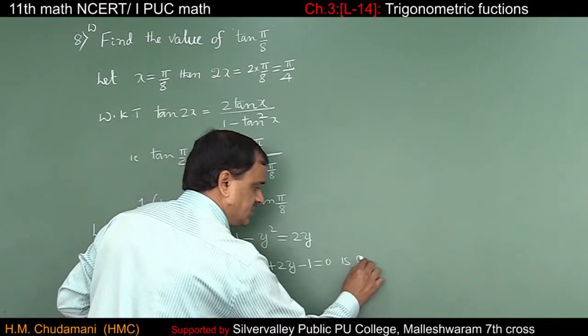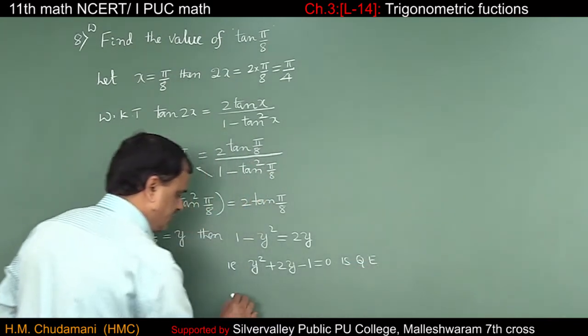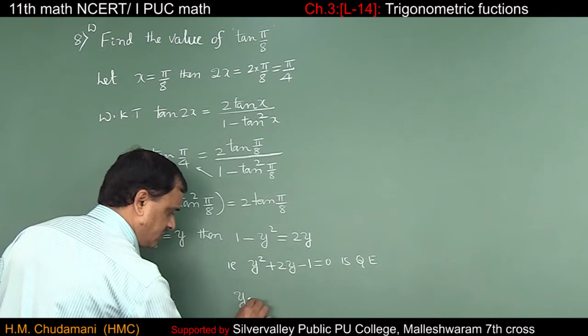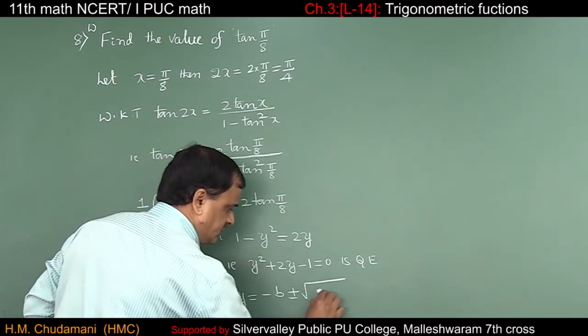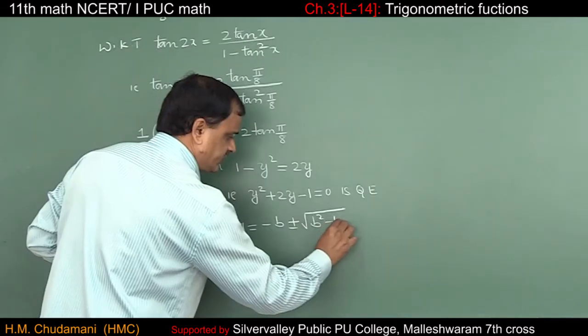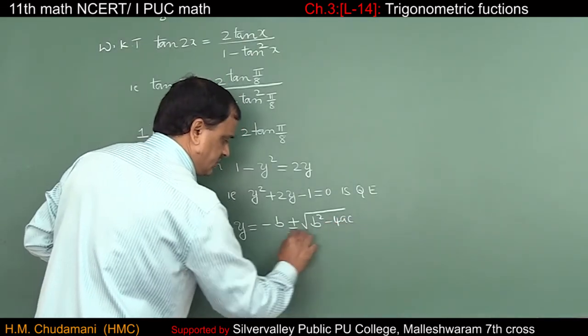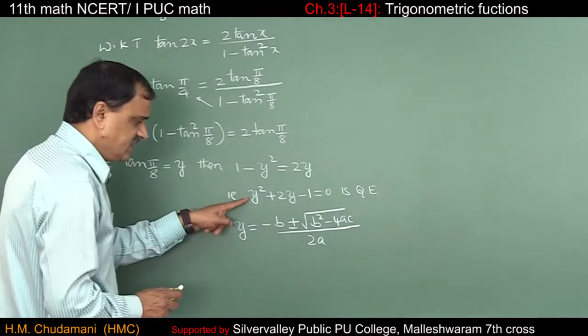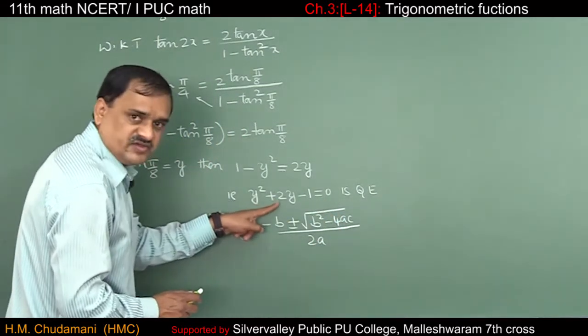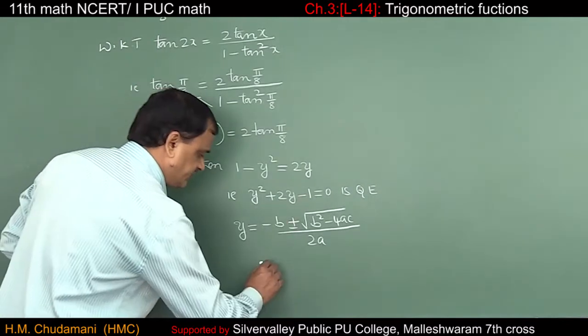We have the Sridhara's formula: minus b plus or minus root of b square minus 4ac, divided by 2a, you know. See this, a is 1, b is 2, c is minus 1.